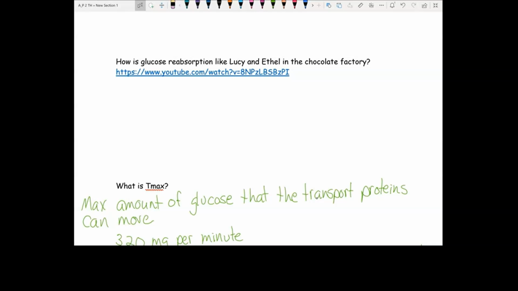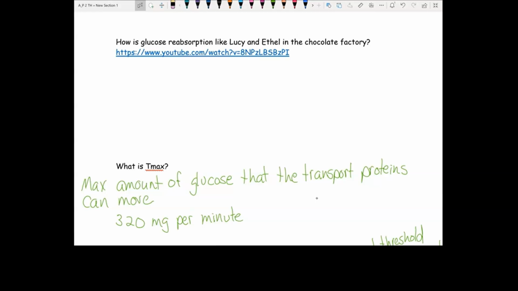So hopefully you enjoyed that video clip, watching Lucy and Ethel in the chocolate factory. So that represents what happens in the kidneys if you have diabetes and you have high blood glucose. So in diabetes, you lack insulin or the cells don't respond to insulin. Remember this from chapter 17. So you have high glucose in the blood.